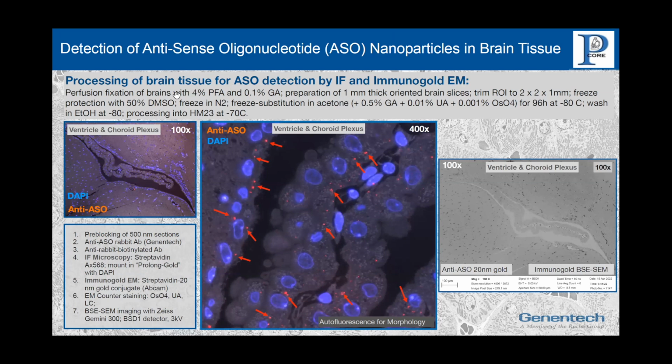Here I just wanted to quickly point out that for this brain, I used a freeze substitution cocktail that included some glutaraldehyde, and it even included trace amounts of osmium tetroxide. I was confident that my antibody still works because in a pre-experiment, I had found out that our antibodies are extraordinarily robust. So including some osmium helped me to get better membrane contrast later.